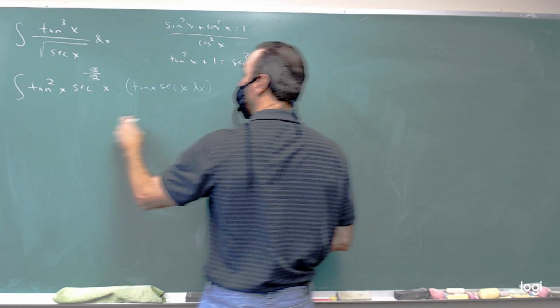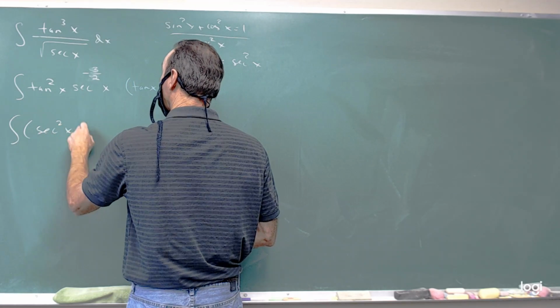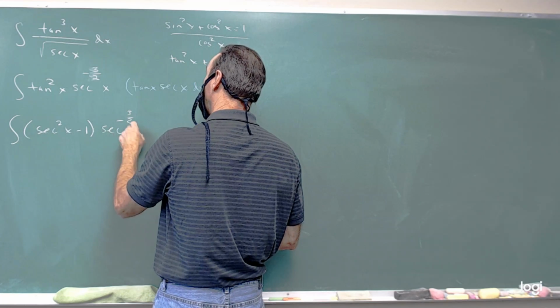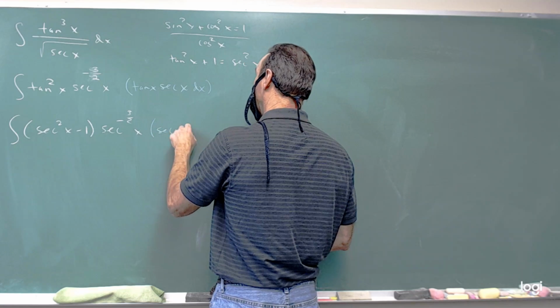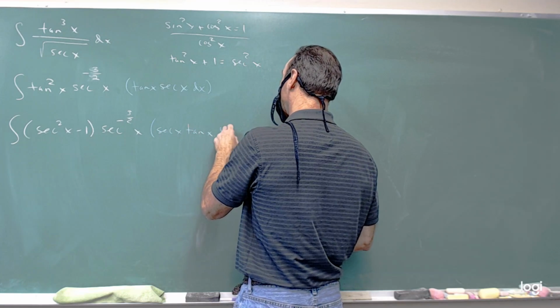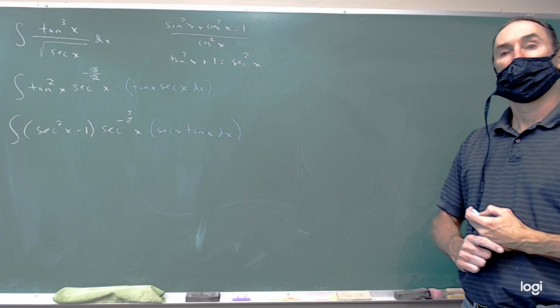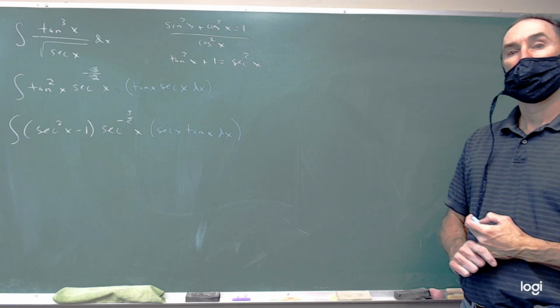So the tangent squared we're going to replace by secant squared x minus 1. And we're saving off this secant x tangent x to be our du, because we're committing ourselves to a u substitution of secant. You okay to there?